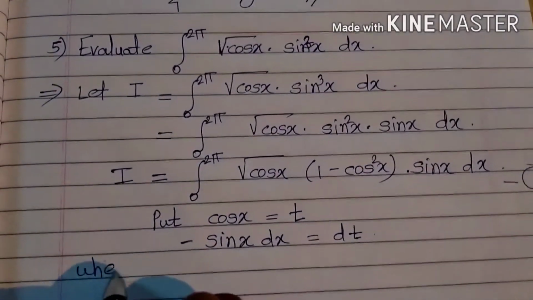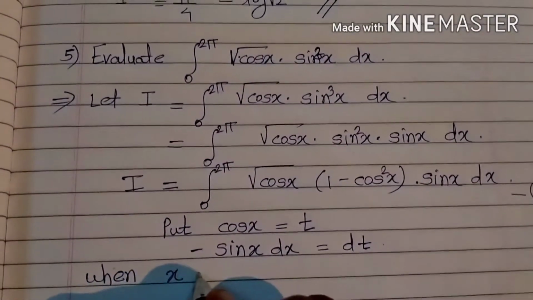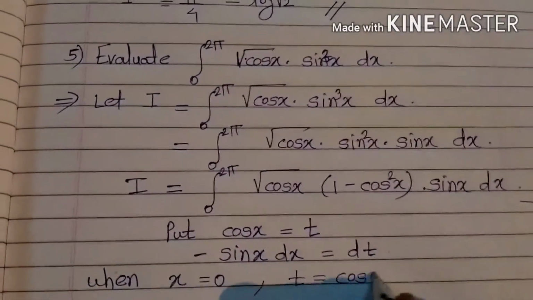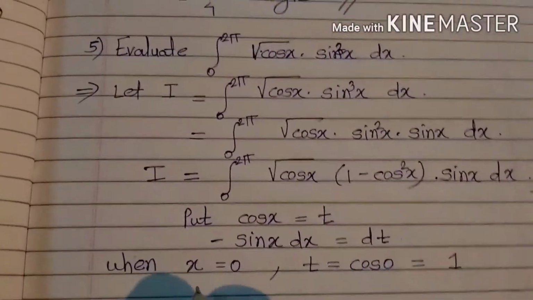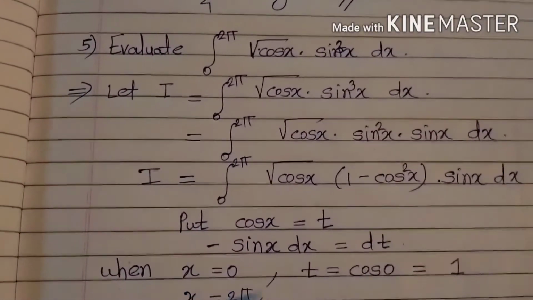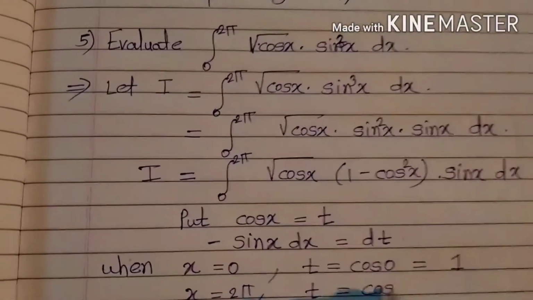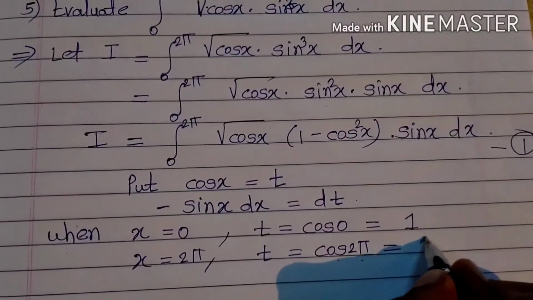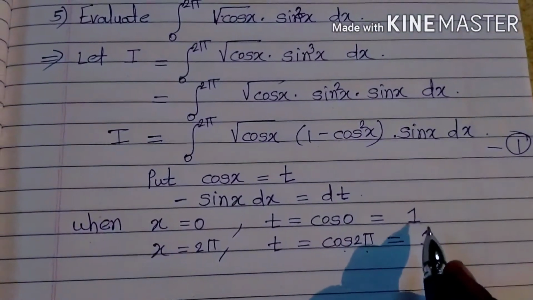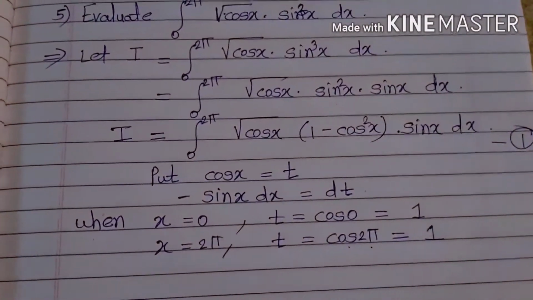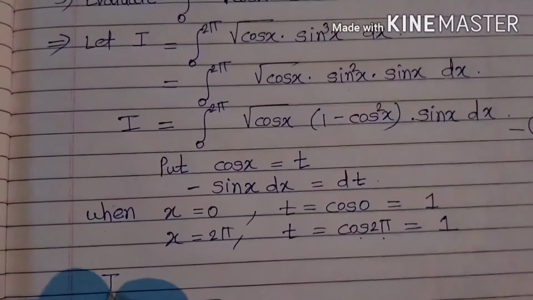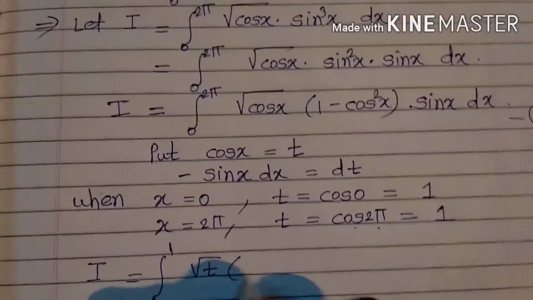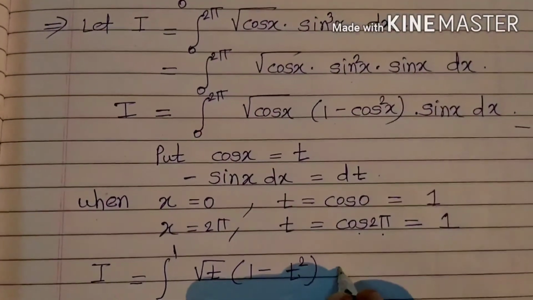So when x equal to 0, t is equal to cos 0, and the value of cos 0 is 1, and when x is equal to 2 pi, t is equal to cos 2 pi, and we know that the value of cos 2 pi is 1. Okay, so here our new limit is 1 to 1. Now put those limits, so we get I is equal to limits 1 to 1 under root of t into 1 minus t square into minus dt.